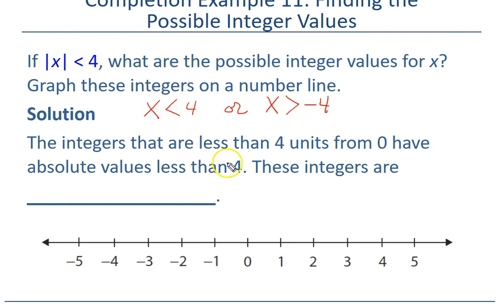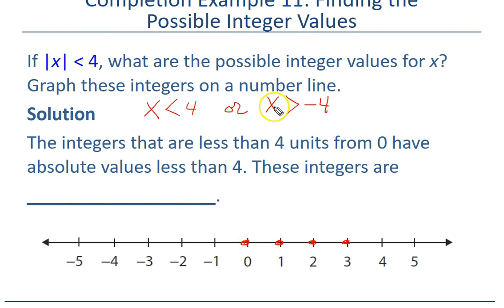Now, if we were going to put that on this graph, what would it be? Well, we could start with this one. x is less than 4. Now, we're looking for integers here. So, would I put a dot on 4 here, if it's less than 4? No. The first dot I would put would be on 3, 2, 1, 0, and then I go here.